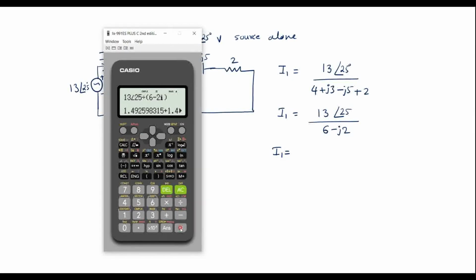So the value will be 1.492, and real value is 1.492. And imaginary value is 1.413.